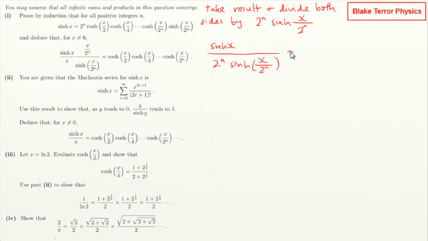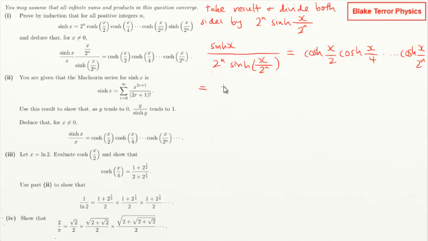So I get that is equal to cosh x over 2, cosh x over 4, all the way up to cosh x over 2 to the n. So we've got that, and then they've just written it in this odd sort of fashion.